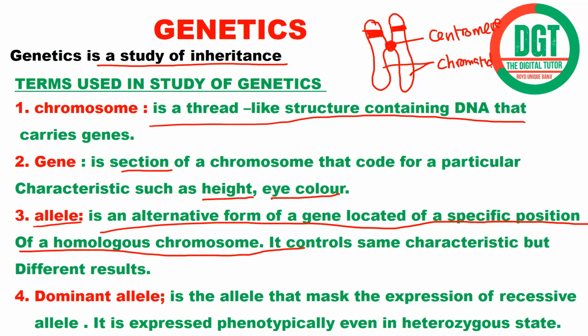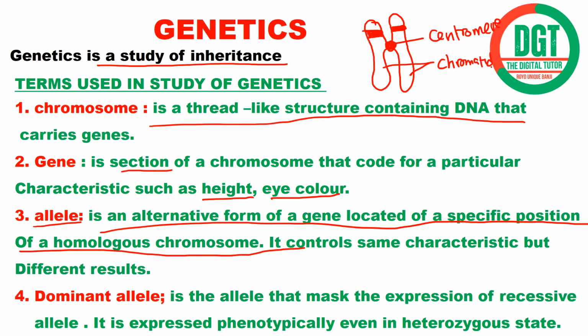Then now these alleles that we are talking of, as I have already touched on a bit, can be dominant or recessive. So what is a dominant allele? It's the one that masks, shields or suppresses the expression of the recessive allele. In other words, a recessive allele is the one that is suppressed or masked by the presence of the dominant allele.